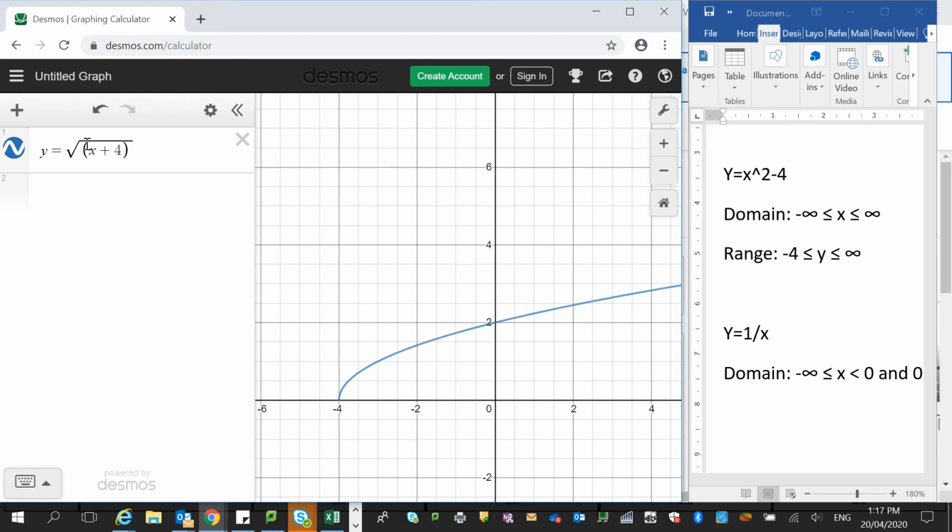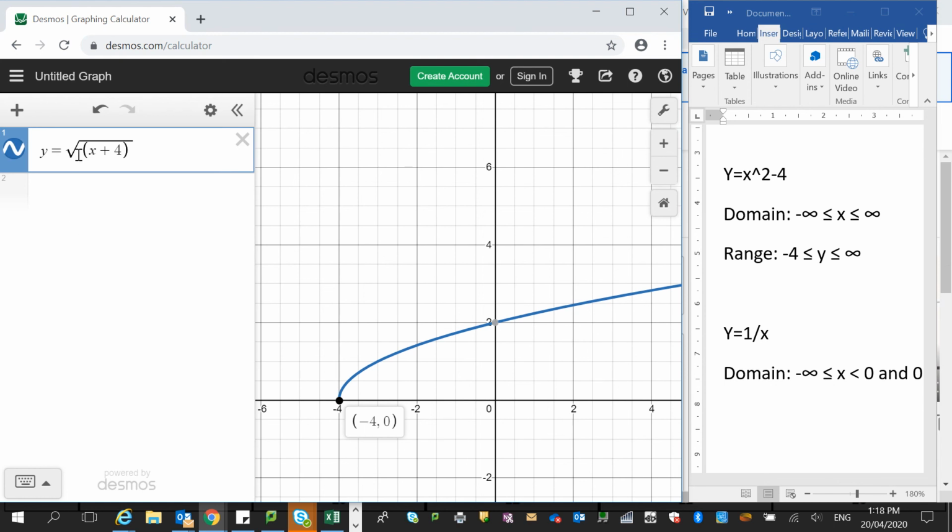But as soon as x becomes negative 4.1, that becomes the square root of negative 0.1. It becomes imaginary and therefore can't be defined. So with this, the domain has to be x is equal to or greater than negative 4. Because those are the only points where y can be real.